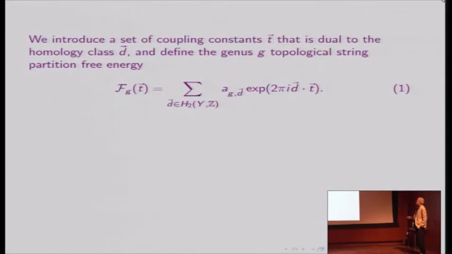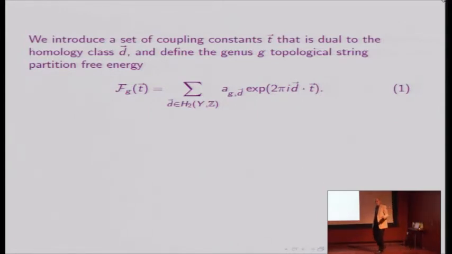So the genus G free energy you define by summing over all winding numbers, and then you have the number of maps with that winding number, and you weight each one with the exponential of the classical action. But the classical action, if you define the t's correctly, is just a constant times the winding number dotted with t.